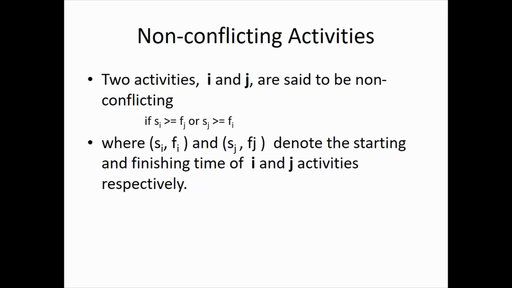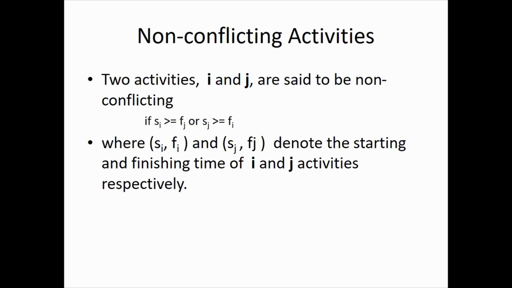Now let's define the meaning of non-conflicting activities. Two activities I and J are said to be non-conflicting if Si is greater than or equal to Fj, or Sj is greater than or equal to Fi.